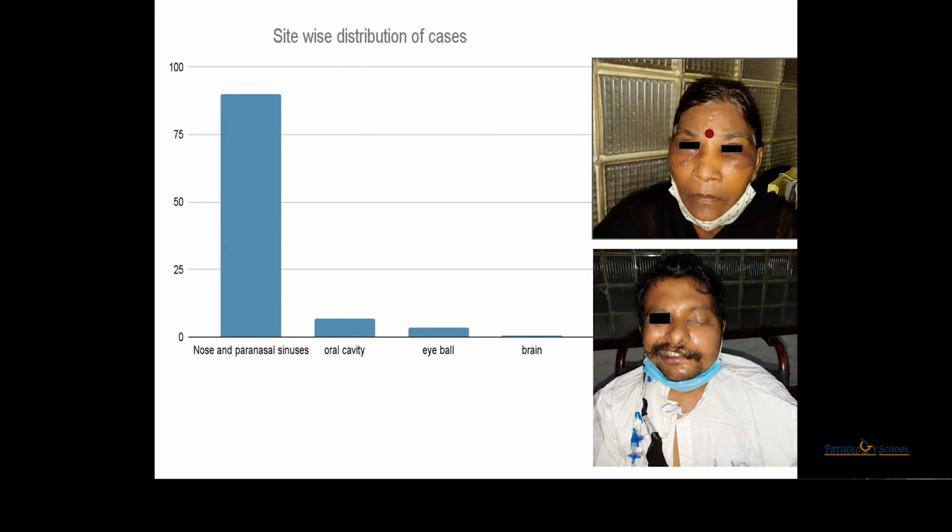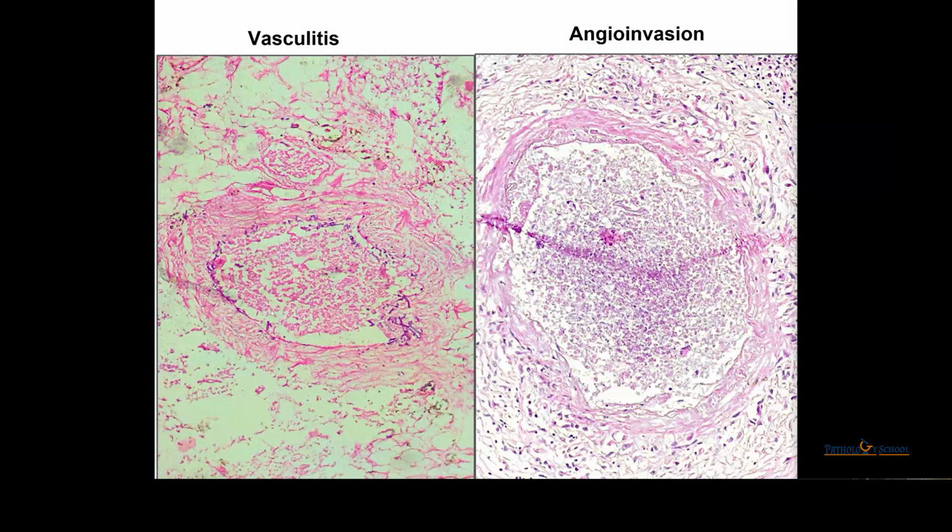In most of our cases, the biopsy was from the nose and paranasal sinuses, followed by the orbital cavity. We reported 10 eyeball exenteration specimens and a single case of invasion of the cerebrum by the mucor. These are a few representative images which we came across in this scenario.